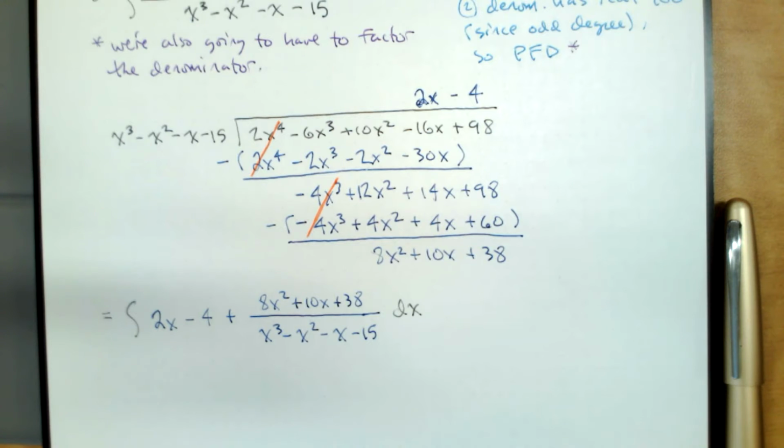We've done the long division part. So we've broken out that polynomial 2x minus 4. Integrating that part is going to be no trouble. That's just x squared minus 4x, and then here's the fraction part.